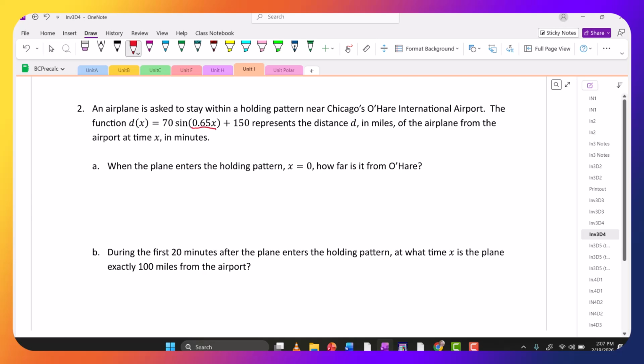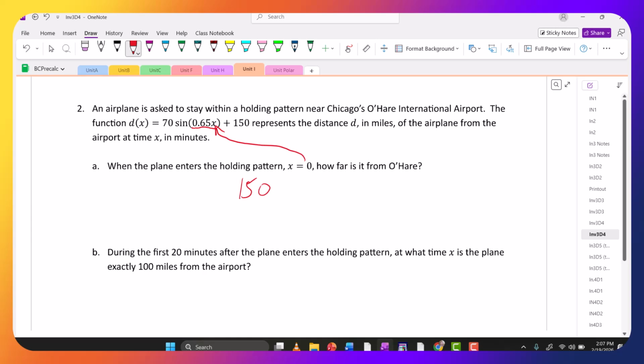We could actually do that without a calculator. 0 times 0.65 is 0. What's the sine of 0? Look at my arm again. 0. So 0 times 70 plus 150. So that is 150. So I could do that by plugging in 0 there, and I can actually do that without a calculator. So that ain't no thing.